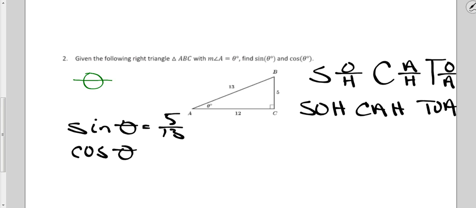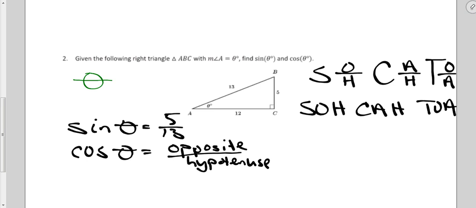So cosine of theta equals, now I'm going to show you how I want you to show your work, how I want you to express your reasoning. You can write opposite over hypotenuse. Oh snap, thanks Anthony.